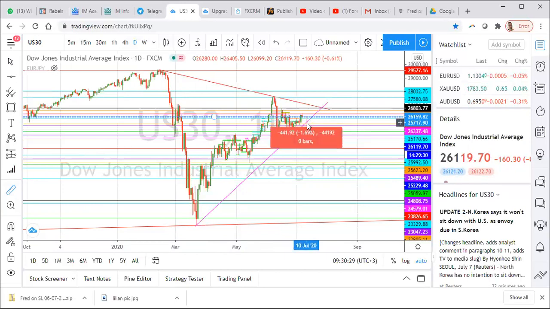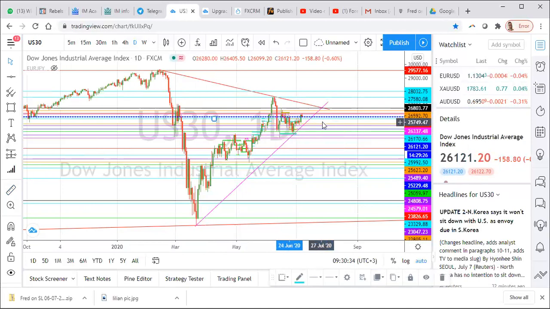So I'd be confident to take like 440 pips on US 30. Yeah, I think it is a good supply area.